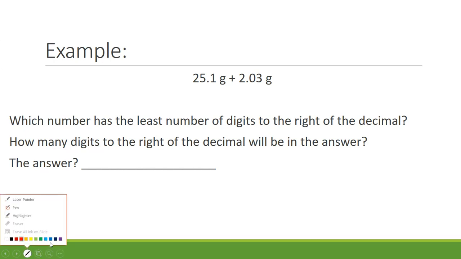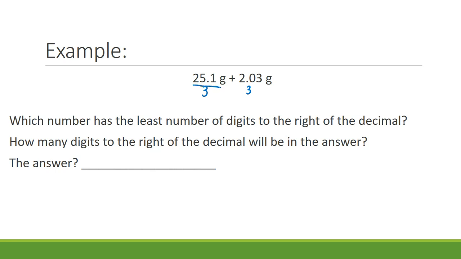So the first problem that we are going to take a look at is 25.1 grams added to 2.03 grams. So you can do the Atlantic Pacific rule. Both of these are Pacific because a decimal is present, so as you go from left to right, each of these should have 3 significant figures in the whole number. Now for addition and subtraction, what we care about is how many of those significant figures are in the decimal.